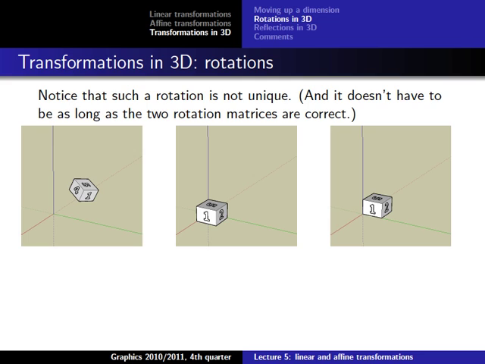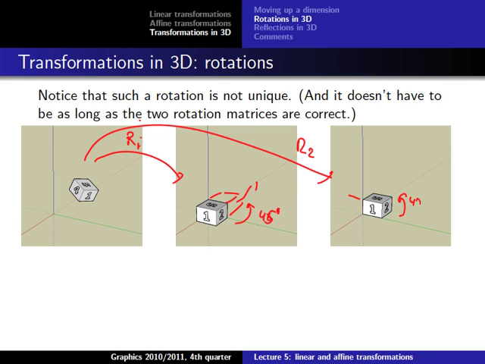So if we do a rotation like this, let's call it R1, or we do a rotation like this, let's call it R2, and then we do, for example, a rotation of 45 degrees, then we see this cube is here and the 1 is here, and if we do a rotation of 45 degrees here, we see the 1 is on this side and the 2 is on the other, and here the 2 is in the back.